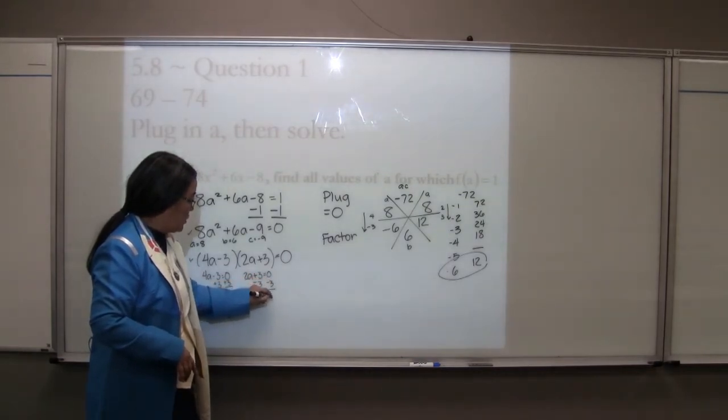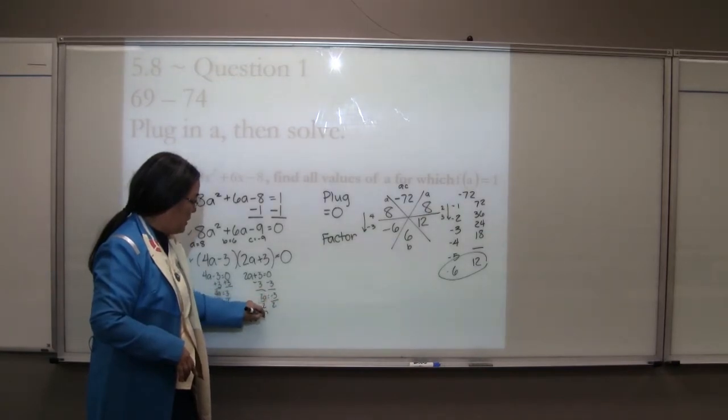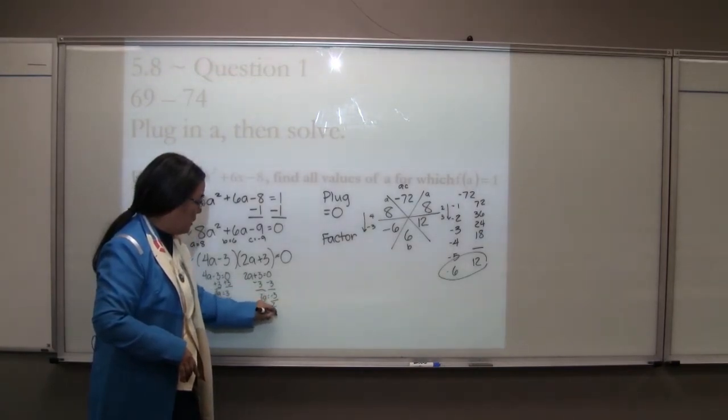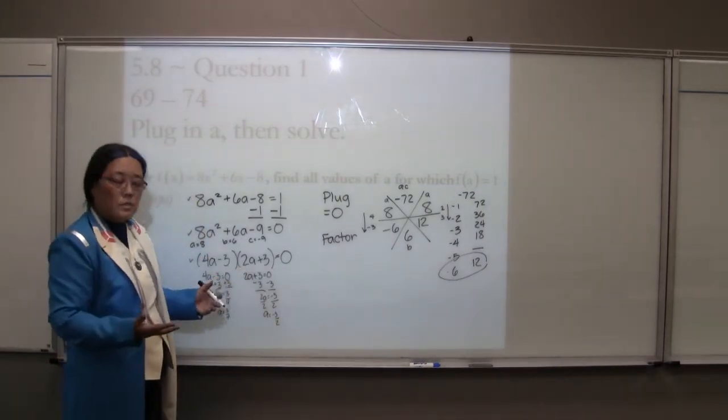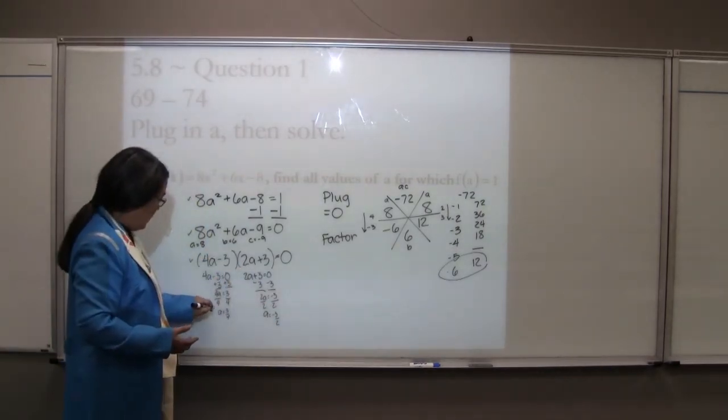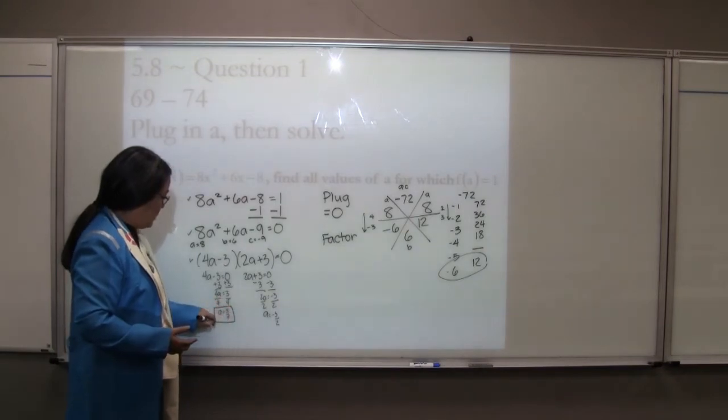Also, a lot of students remember that there is a pattern. They don't remember what the pattern is. That's why I keep going over this, is because if you just know that this is equal to 0, you could solve it on your own, and you will get these answers.